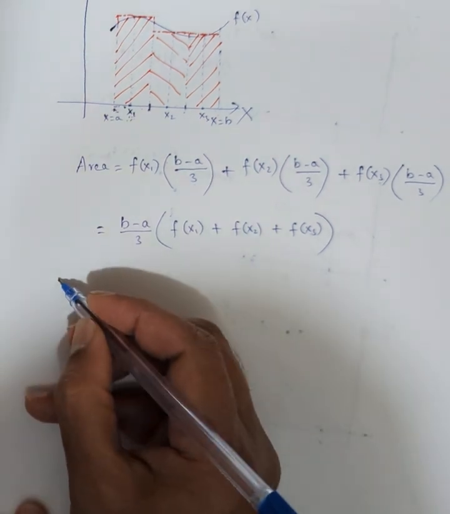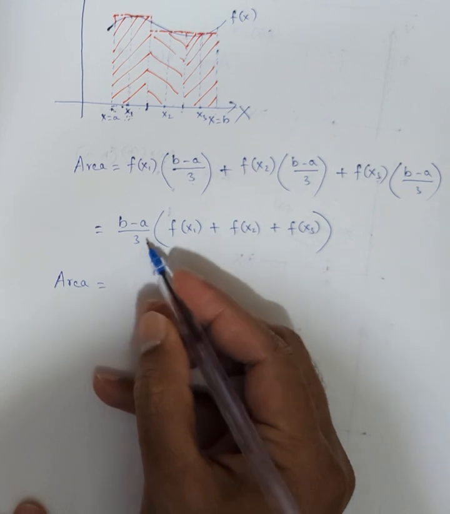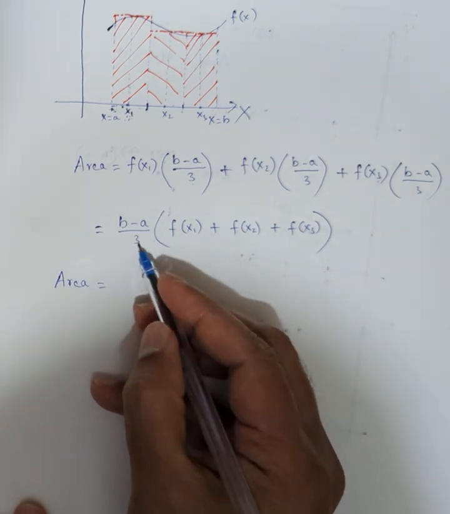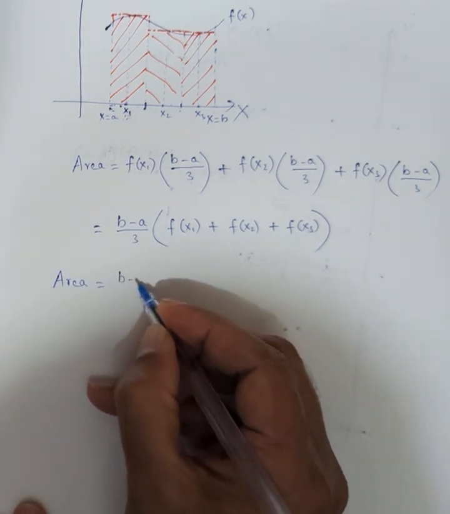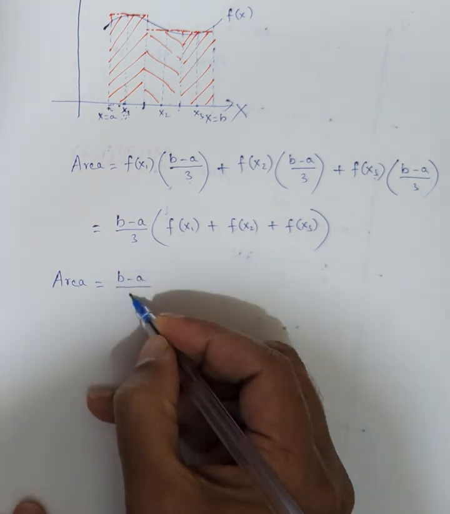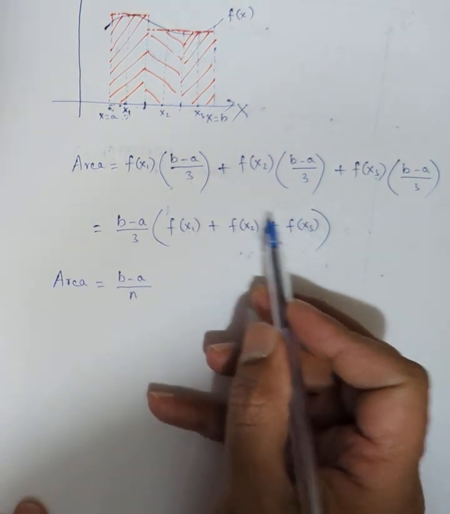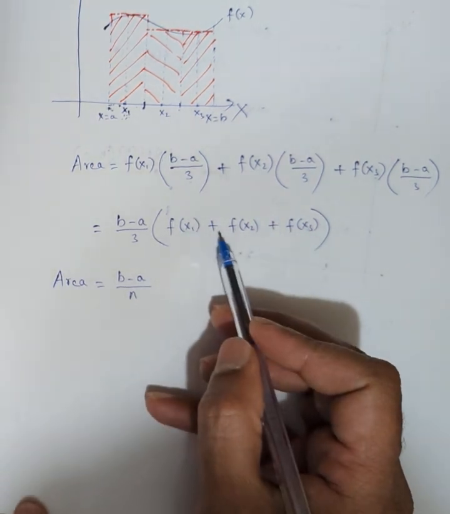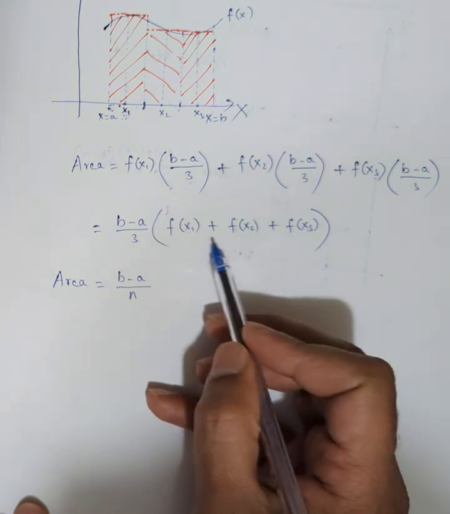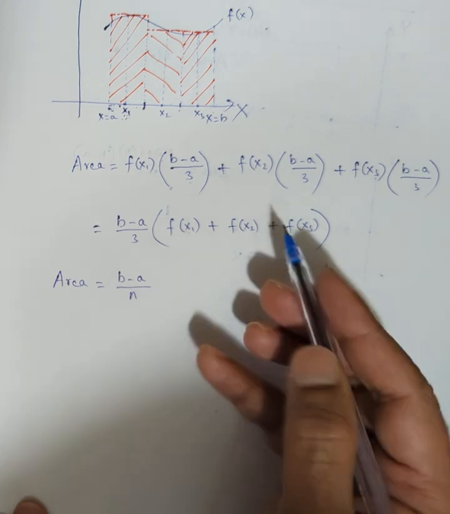Now in general, how would you find the area under the curve? Well, it's going to be simply, remember, 3 because we used 3 subintervals. But if you use n subintervals, then it's going to be b minus a over n. And inside the parentheses is the sum of the function evaluated at all the representative points.